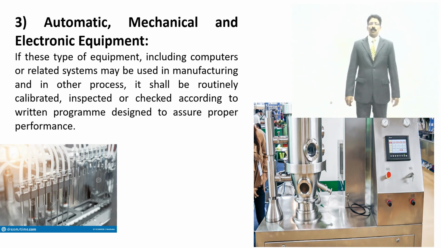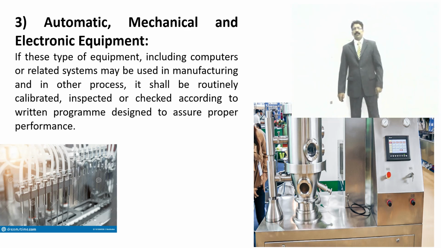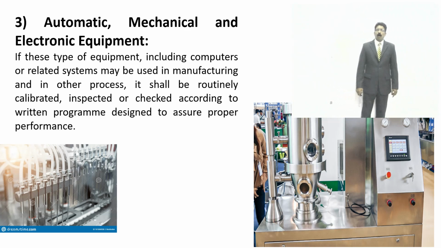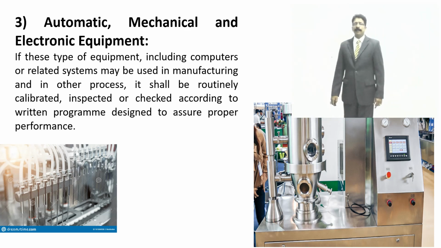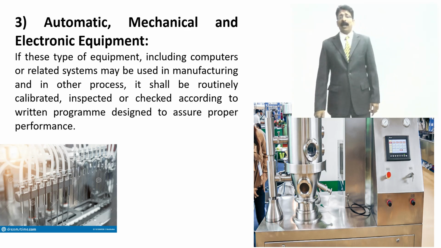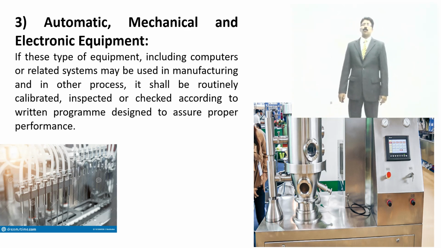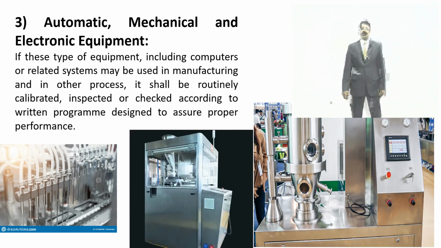And also you can see this is a filling machine, liquid or automatic. How many ml have to be filled and sealed can also be set. And the same way, wireless ampoule filling machines are also available in the parenteral department.